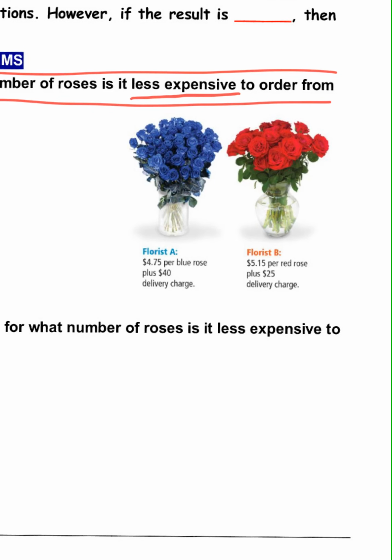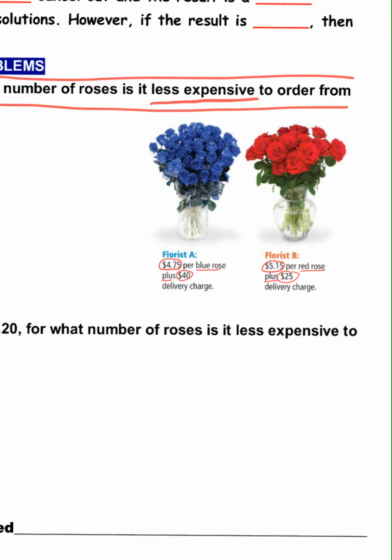So if I'm looking at this picture, I see that florist A charges $4.75 per blue rose plus $40 delivery charge. And florist B charges $5 per red rose plus $25 delivery charge.